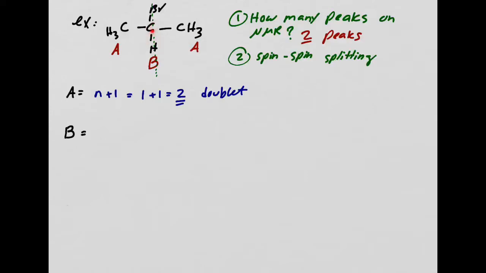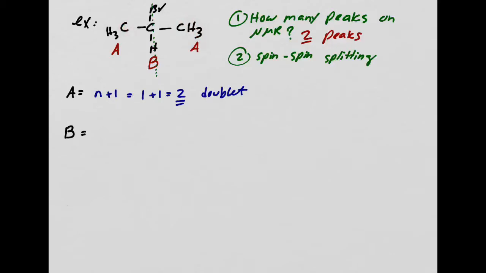Now, let's look at peak B. Peak B has 2 adjacent carbons. Do you agree? Now, what's going on there? Well, how would that change everything? If you look over here, this adjacent carbon has 3 hydrogen.